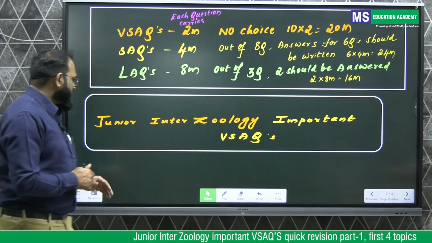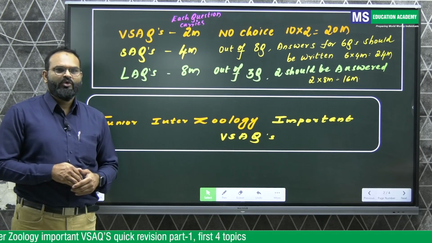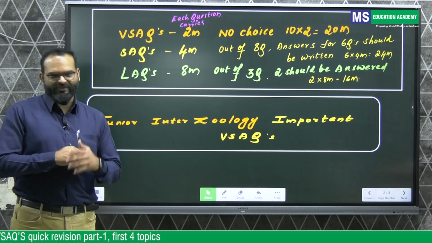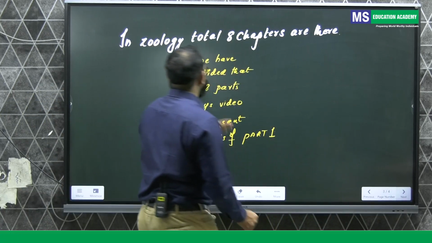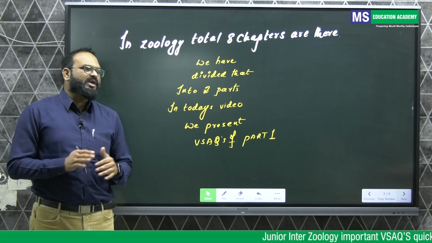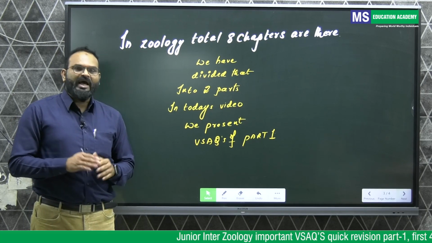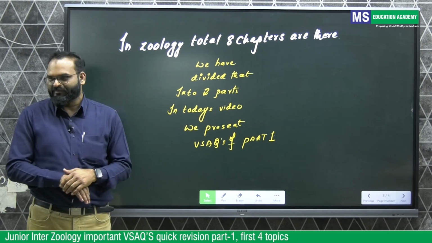Students, in today's class, I am going to explain important VSAQs. As you know, there are a total of 8 chapters in zoology. For your convenience, I have divided these 8 chapters into 2 parts.